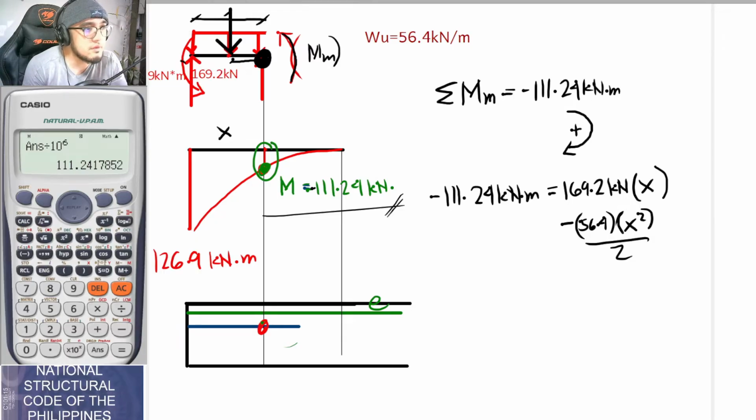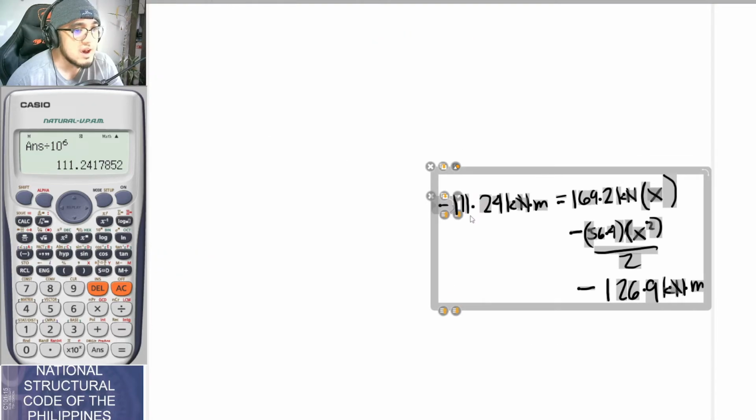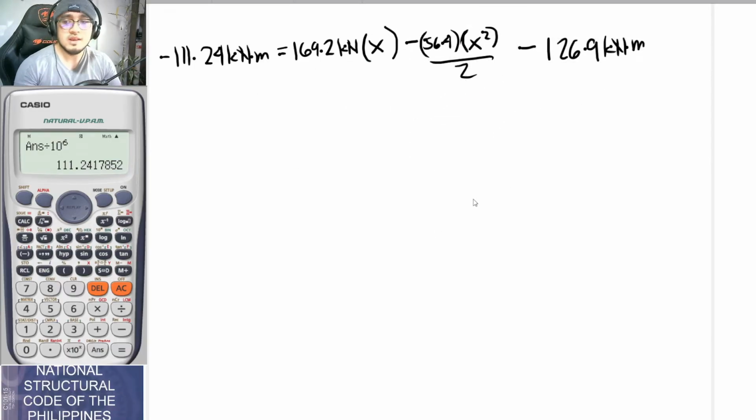And what about the moment? Your moment is also negative because it is directed counterclockwise. So negative 126.9 kilonewton meter. You do not need any lever arm here because this is already a moment. So simplifying this equation, guys, if that is your equation, I will now put all of them on the left side.